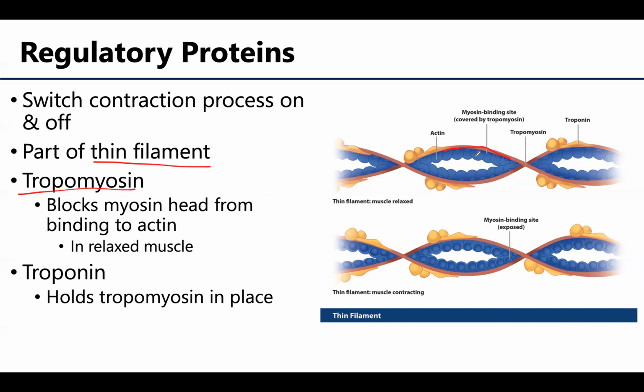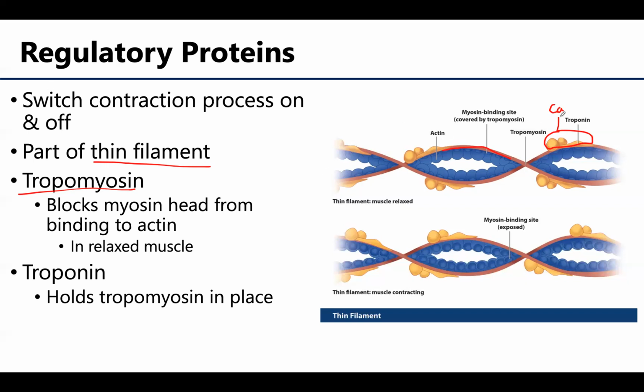Now, also very closely associated to the tropomyosin are these troponin molecules. It's going to keep that tropomyosin in place, but when a calcium ion moves in from the sarcoplasmic reticulum and binds to the troponin, it will cause a change in shape and the movement of that tropomyosin away from those myosin binding sites, to allow for the process of contraction to occur.